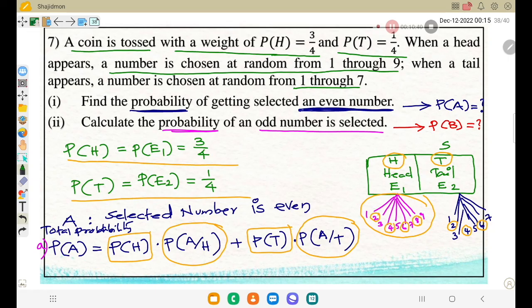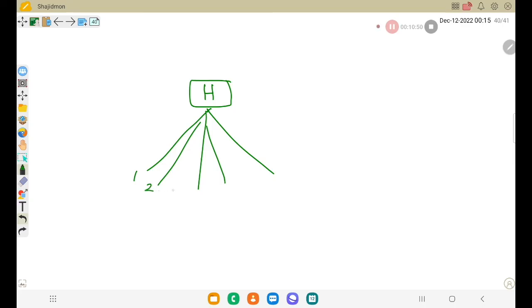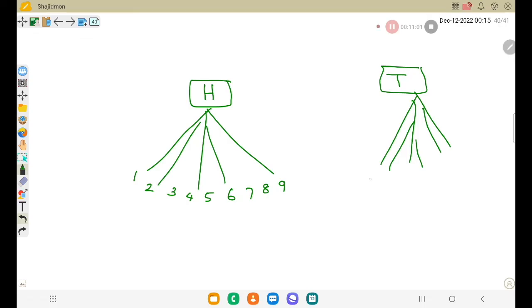If head occurs, we are selecting a number from which option? 1 to 9: 1, 2, 3, 4, 5, 6, 7, 8, 9. Correct? If tail occurs, we are selecting a number from what options? From 1 to 7: 1, 2, 3, 4, 5, 6, 7.